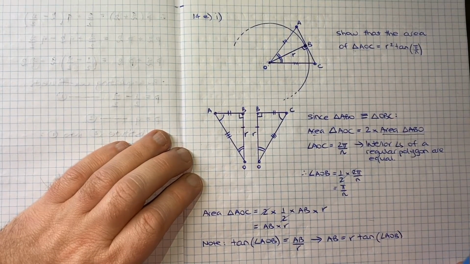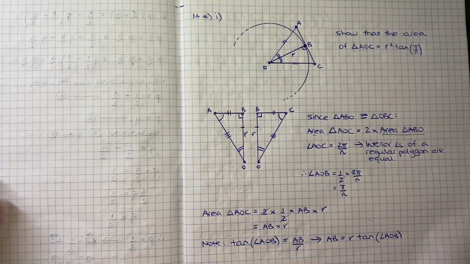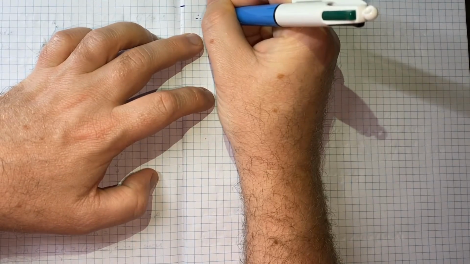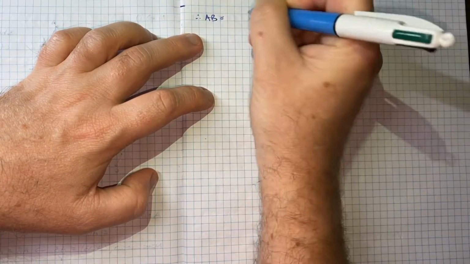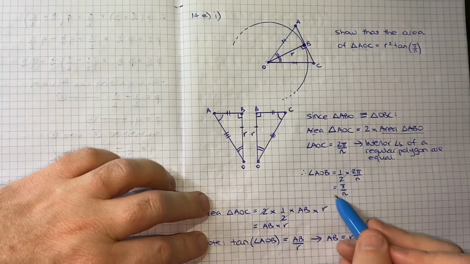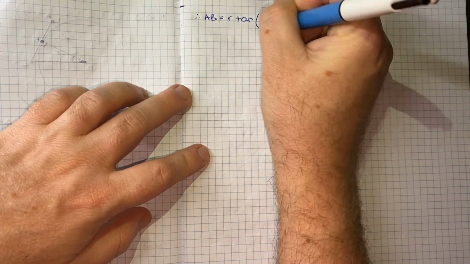Therefore the length of AB is equal to R times the tan of angle AOB, which we've already worked out is pi on n. So we can say R tan pi on n.